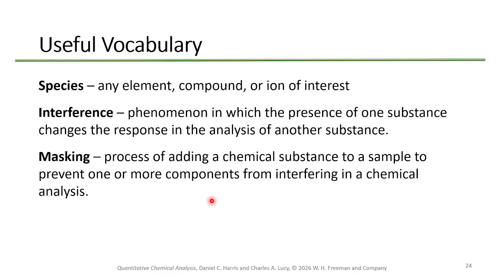Masking. This is the process of adding a chemical substance to a sample to prevent one or more components from interfering in chemical analysis. We did masking back in organic chemistry, actually. You will almost certainly do masking and experience interference in biochemistry. And we'll have some of those effects in analytical chemistry, of course, and we'll actually point it out. In the other classes, we don't point it out, and we just give you a method to avoid that.